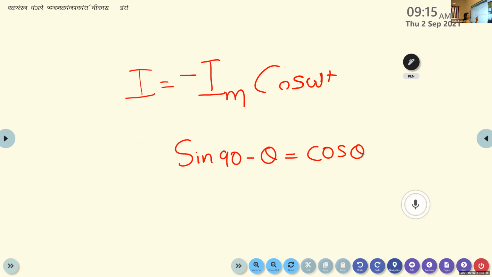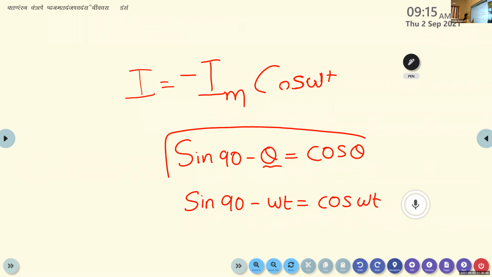Similarly, here instead of theta, we have a phase angle omega t. So we can write sin 90 minus omega t is equal to cos omega t. So we are going to make this substitution here.